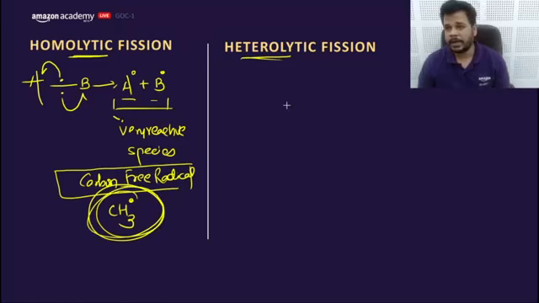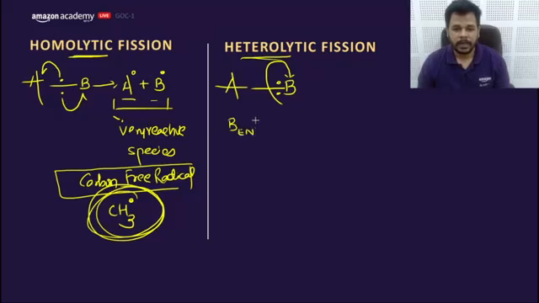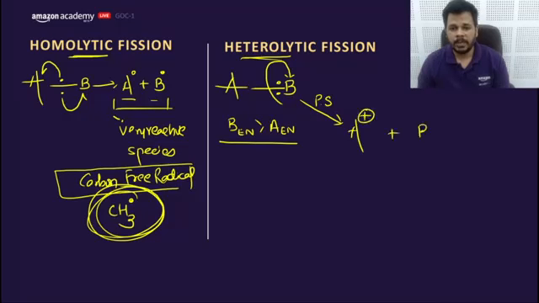Similarly, in the case of heterolytic cleavage, the electron shifts towards the more electronegative atom. Let's have an example. We are considering here that the electronegativity of B is far more than that of A. So when the bond breaks in the presence of a polar solvent, it converts into A plus and B minus.